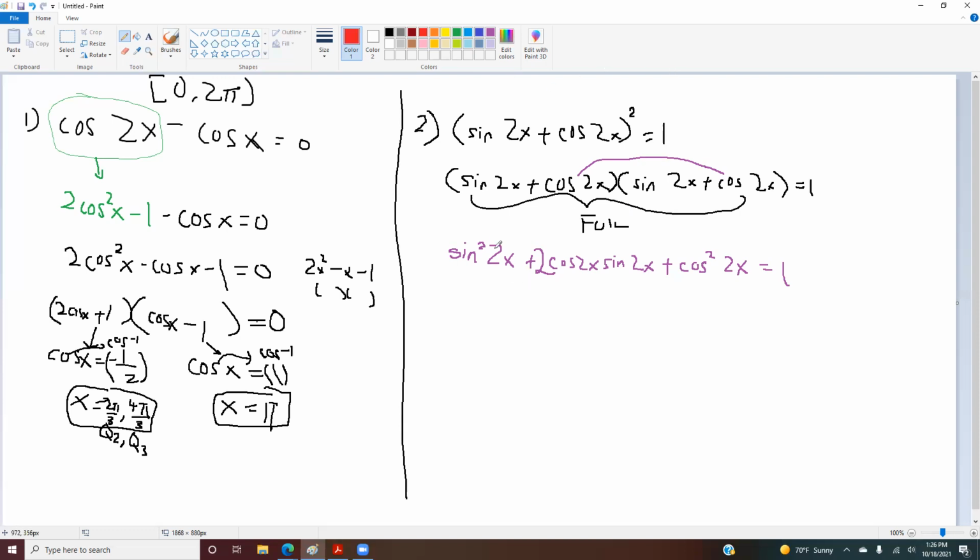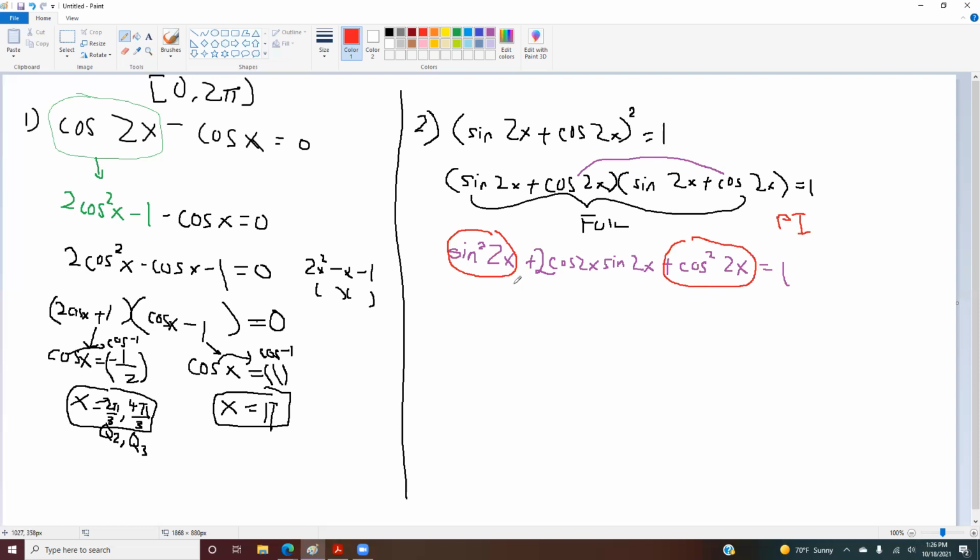Now, as you know, this and this is a Pythagorean identity. Remember what happens when you add sine squared u plus cosine squared u? You get 1.